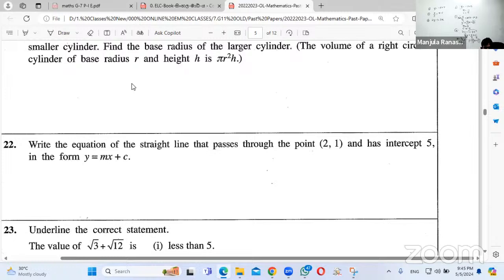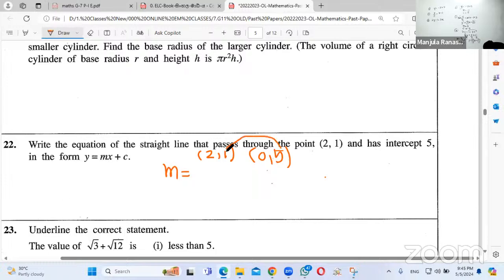So how to do? You know that here, right? 1 point given 2, 1 and intercept given 5 means that is 0, 5. Okay. Now you can make the gradient m: y difference over x difference.